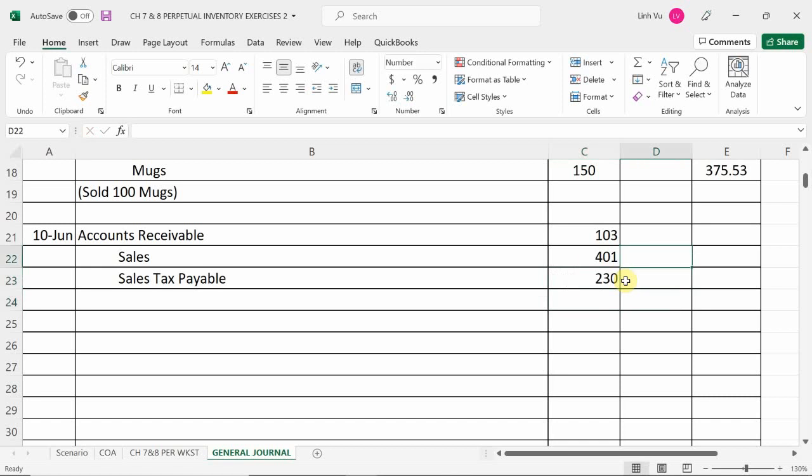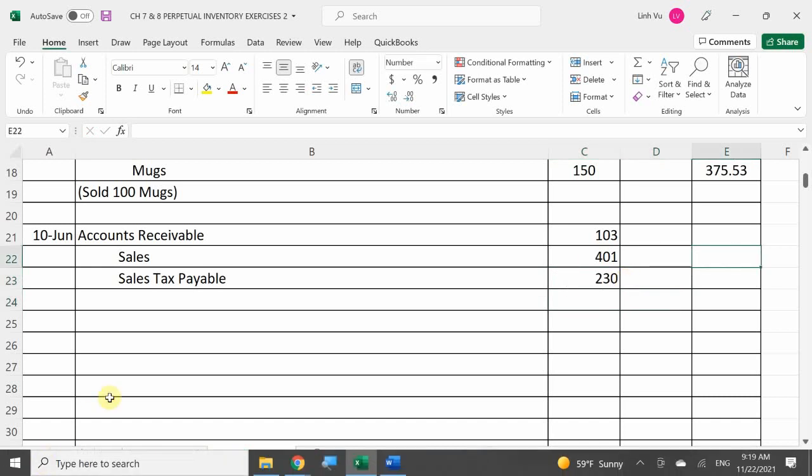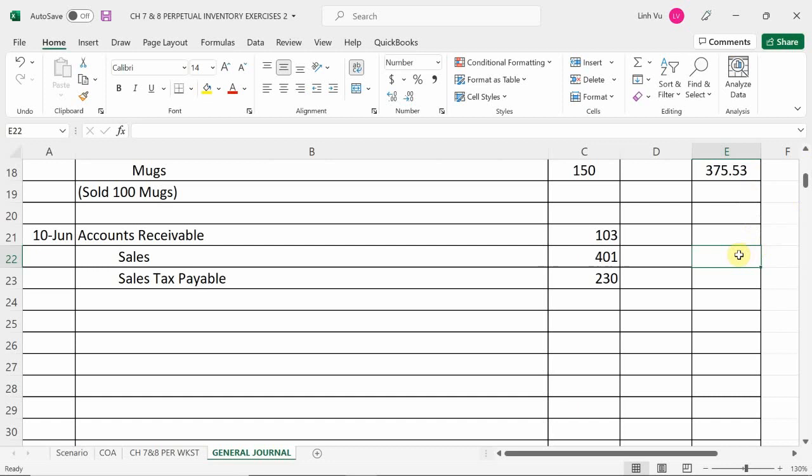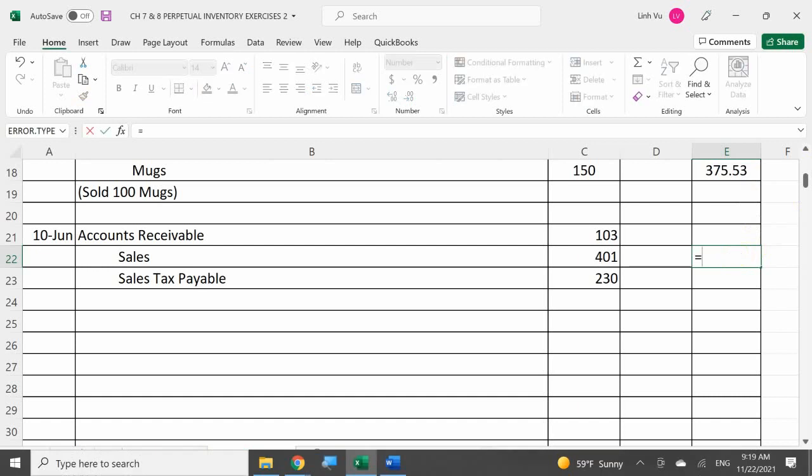Now in this case, if I sold, okay, a total of 250 mugs at $10 each to customer A, then how much is going to be my total sales? 2,500.